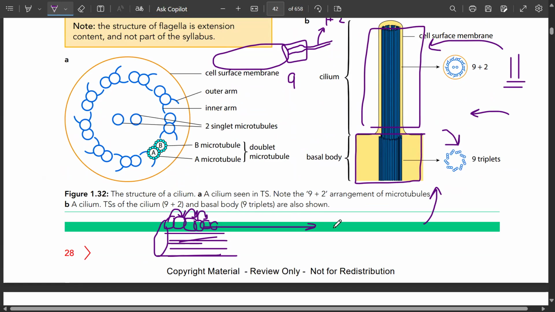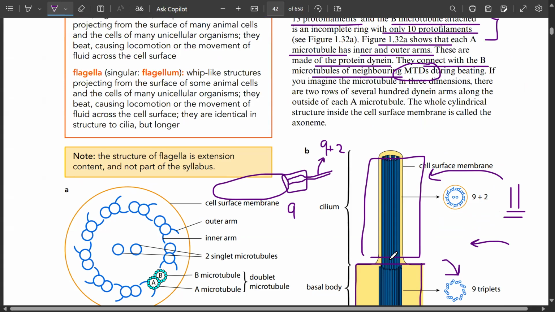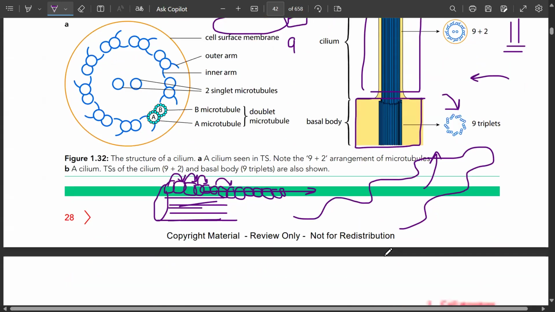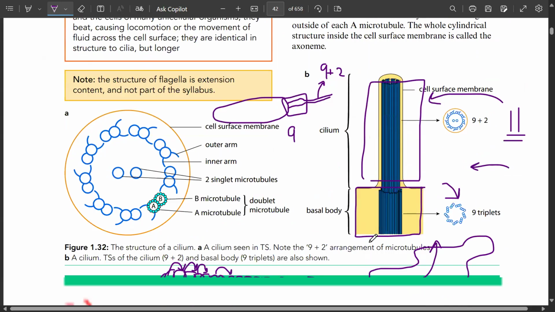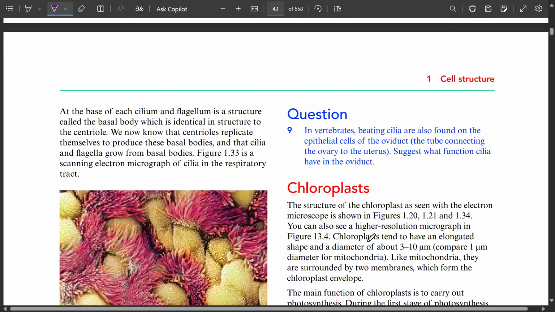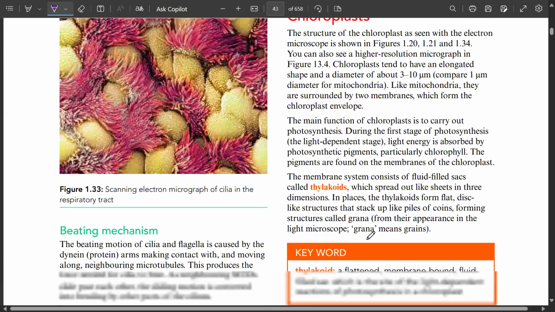One atom to the other, they vibrate, right? So they are going to vibrate together, one after one, and this causes the cilia to move like a beating structure. Clear? That's all you have to remember. Okay, don't read this whole detail. No question is going to be asked in the paper regarding that.